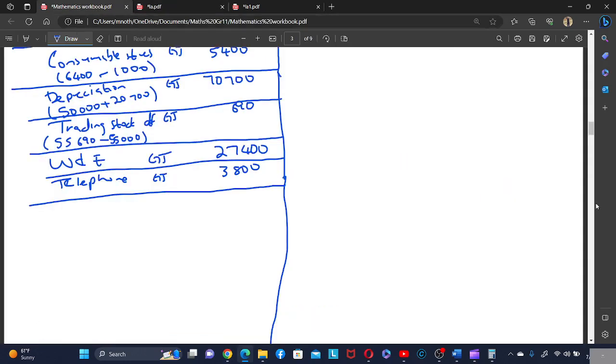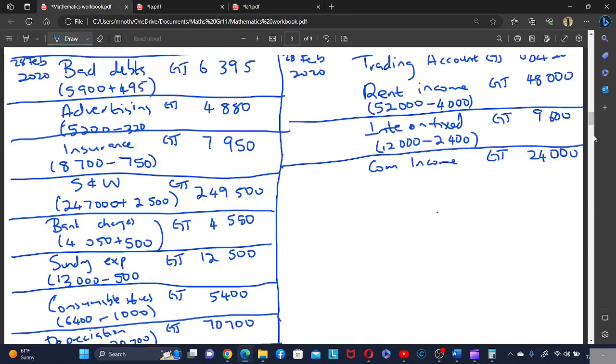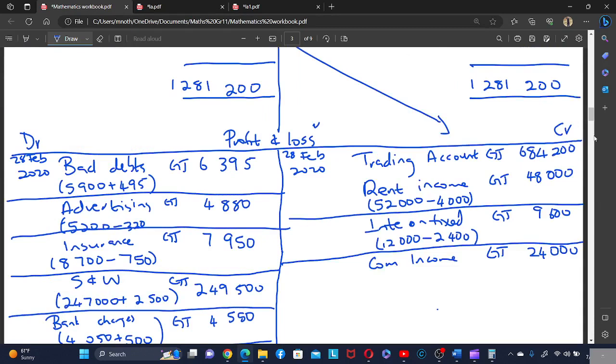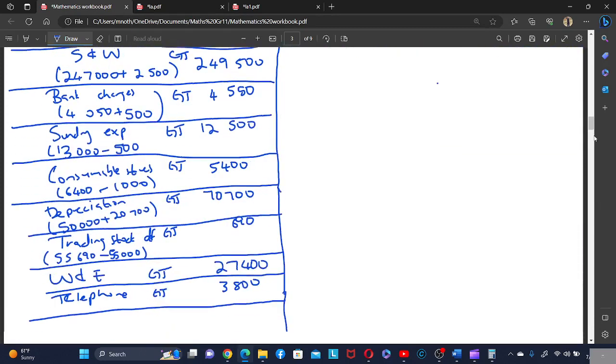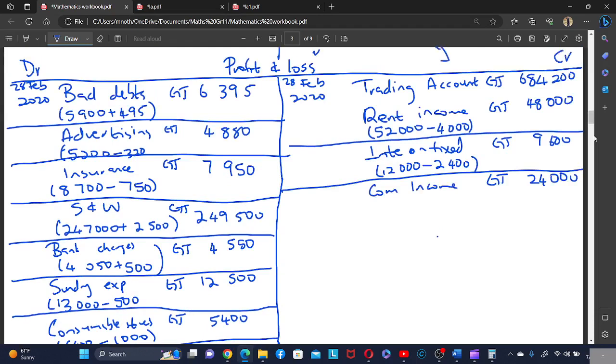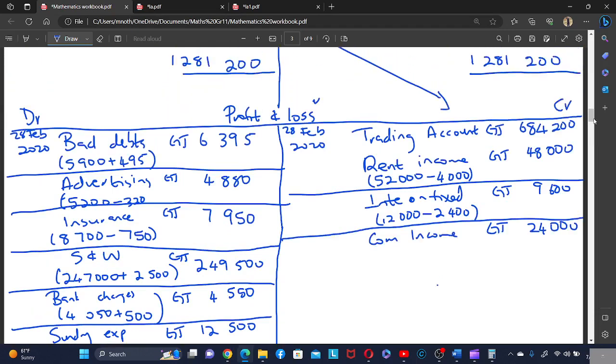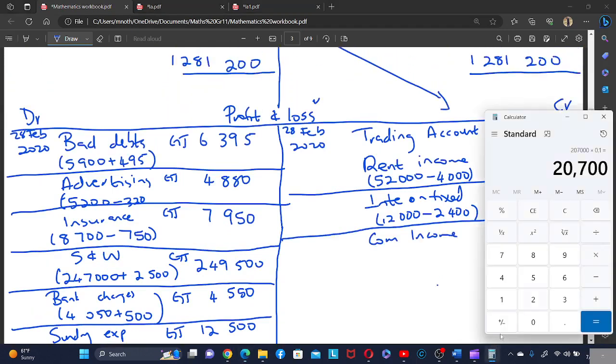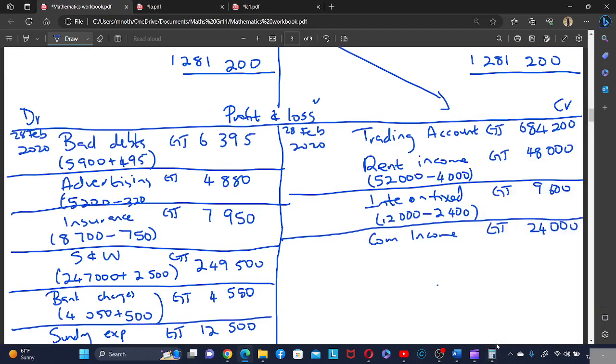Now from here we check which side is bigger. Just from looking, you can see that the bigger side here is the credit side. So let's check how much it is. It is 684,000.